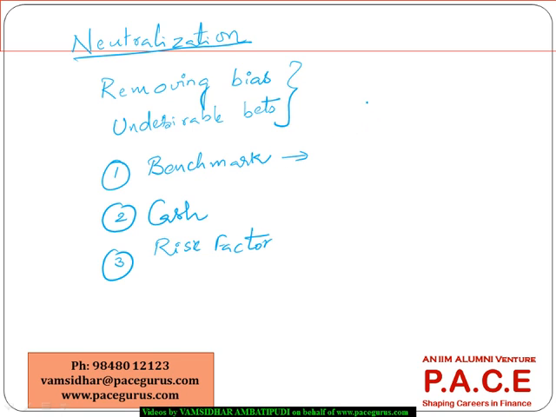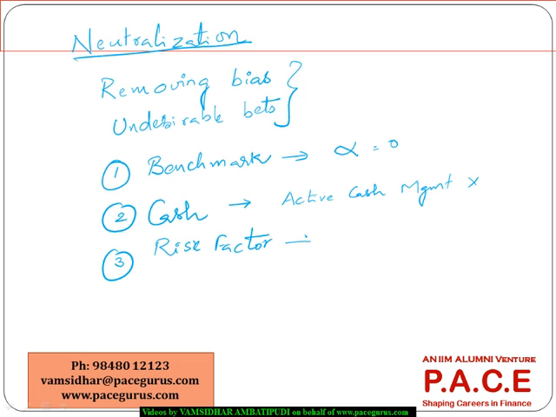When I say benchmark neutralization, for whatever benchmark we have chosen, I would make sure that the alpha is 0 for that benchmark. Even if it is not 0, I will do the adjustments and give the positioning in such a way that the alpha of the benchmark is going to be 0. Similarly, when I say cash neutralization, I would try to avoid the active cash management process, so active cash management does not exist here.